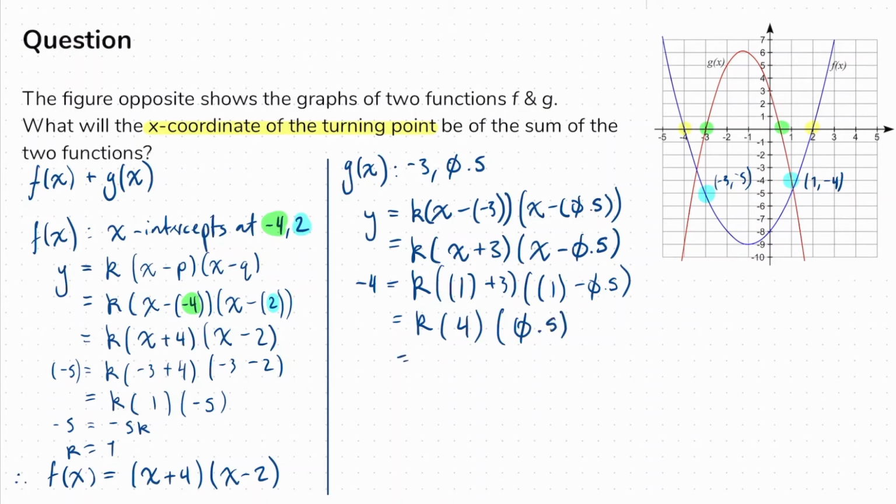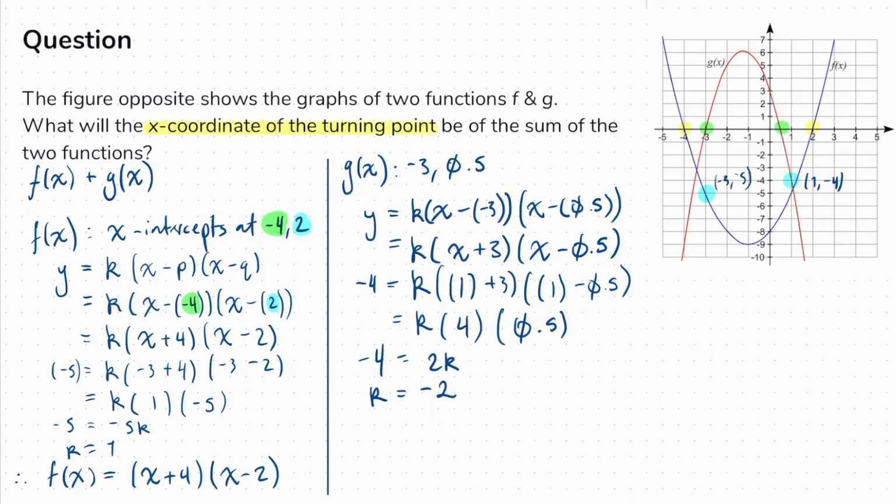So this is 2k equal to -4. So k is equal to -2. Right, and we can see that, right? What this is telling me is that this parabola here is negative, it's upside down.